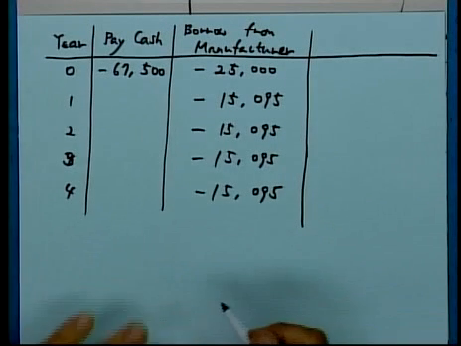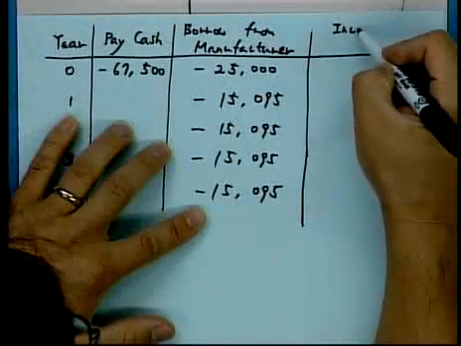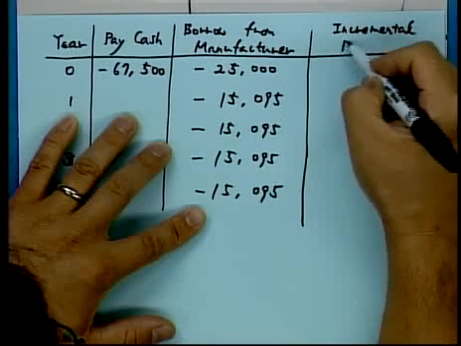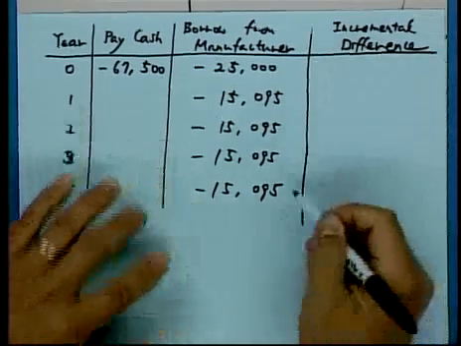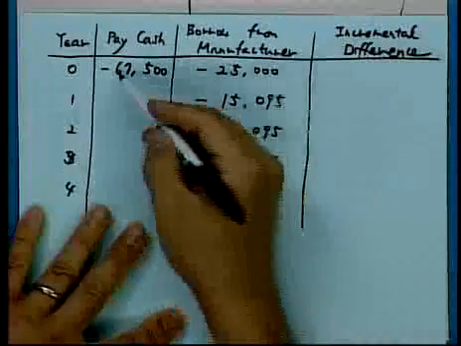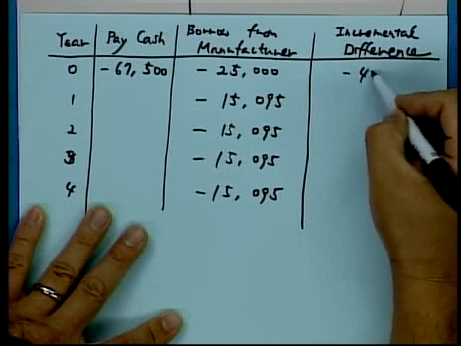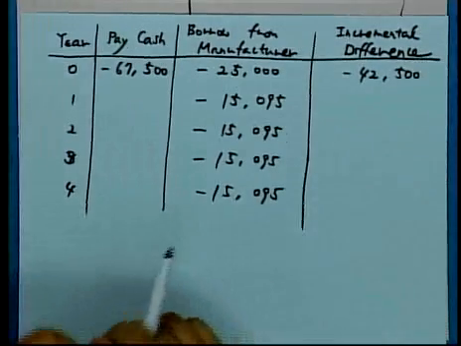So here, the incremental difference would be this value minus this, which would be negative 42,500.